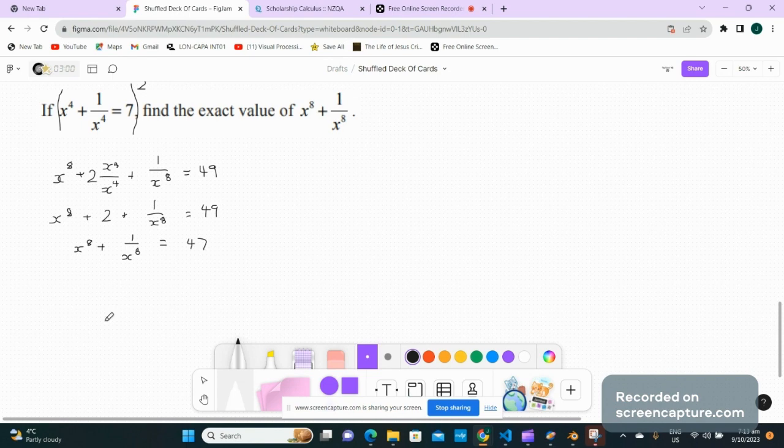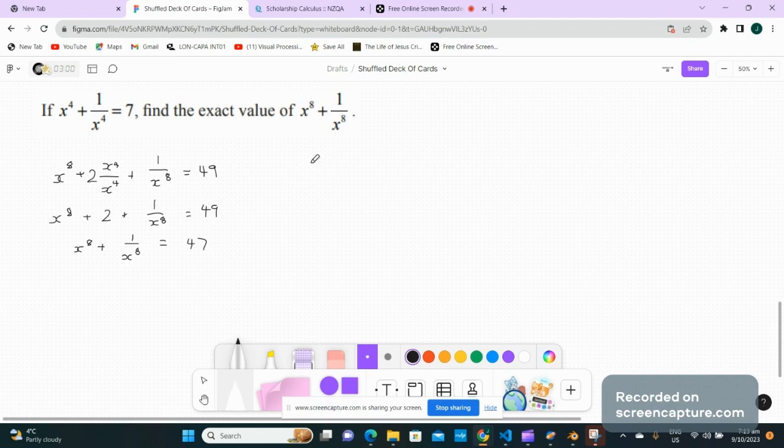The other way we can do it is we can actually solve for x to the 4, and then we can just use that. So what we could do here, say we didn't square it, and I'll take the square away. Say instead we multiplied everything by x to the 4.